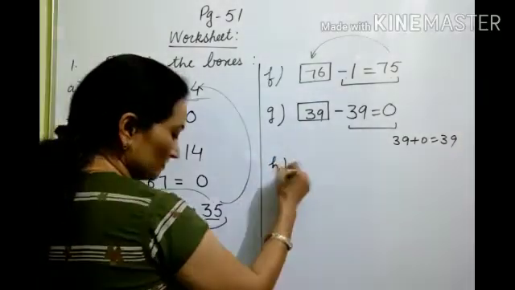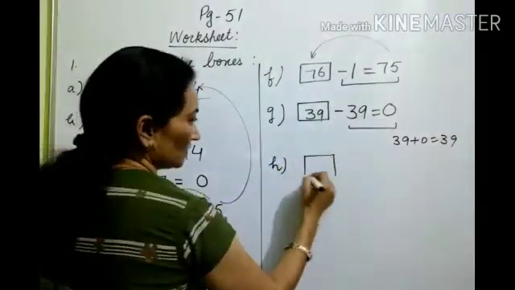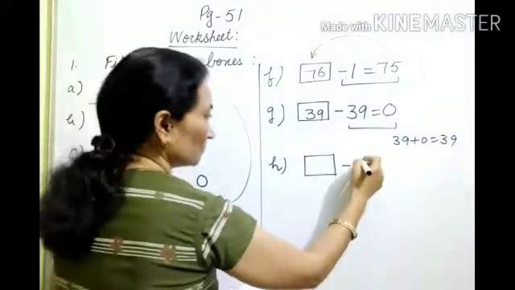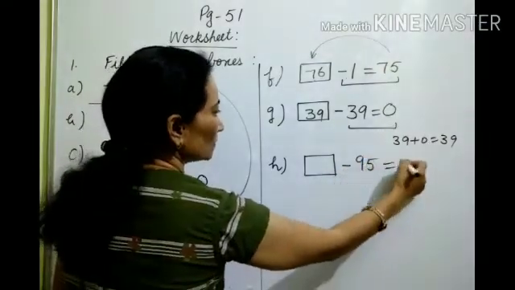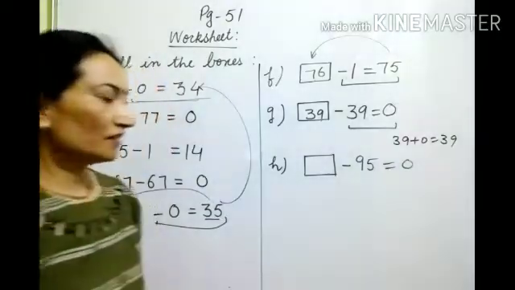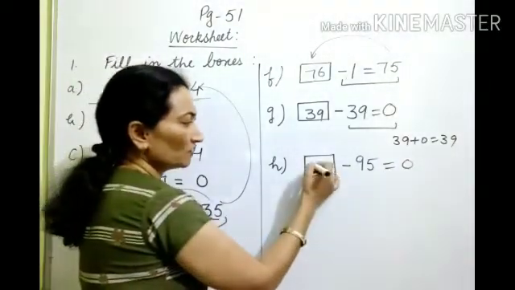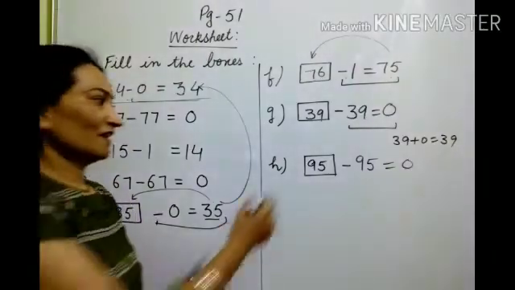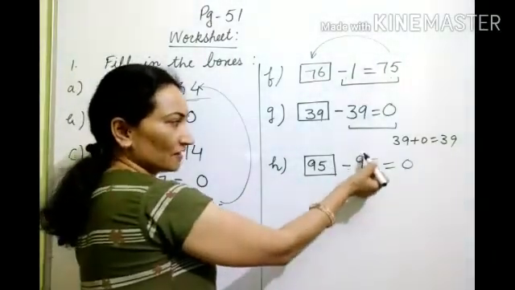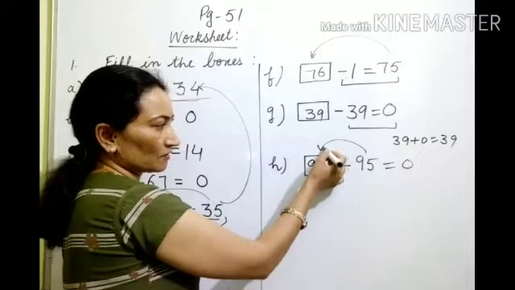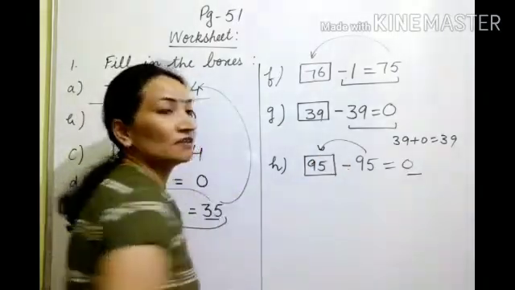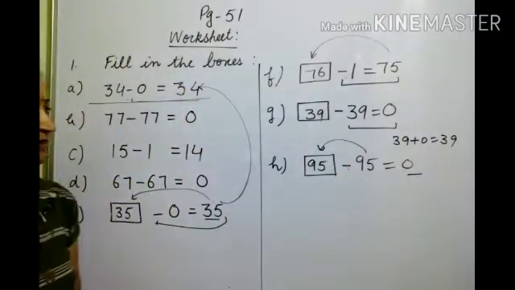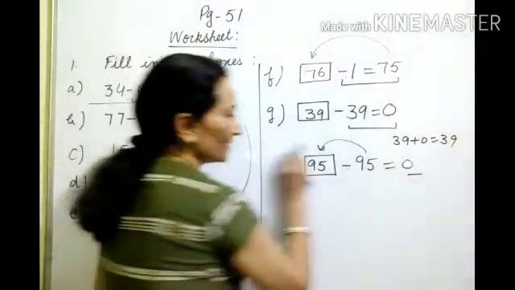H part is the same. We have done such types of questions. Now we need the answer 0, so we have to subtract the same number. Then what will come? 95. As we are subtracting 95, only if we subtract the same number do we get the answer 0. Hope you understand this.